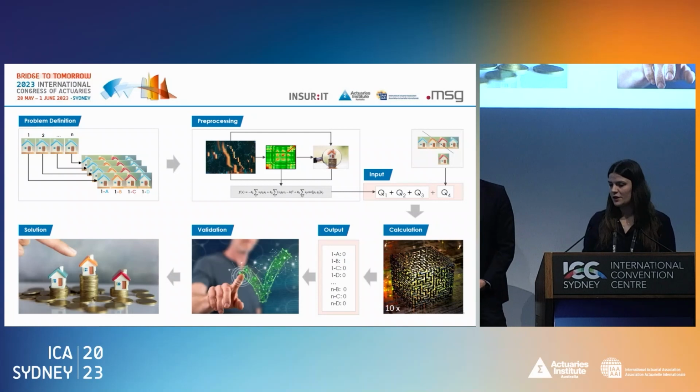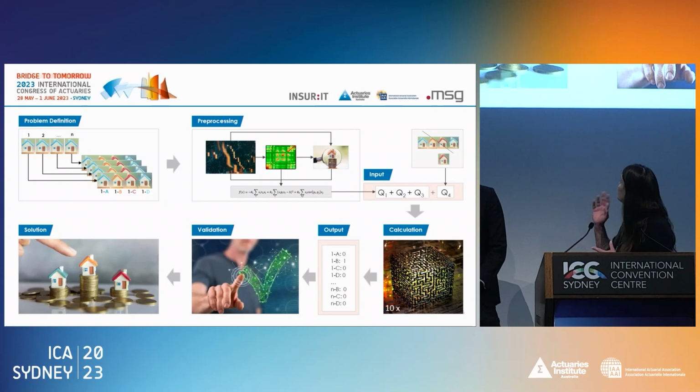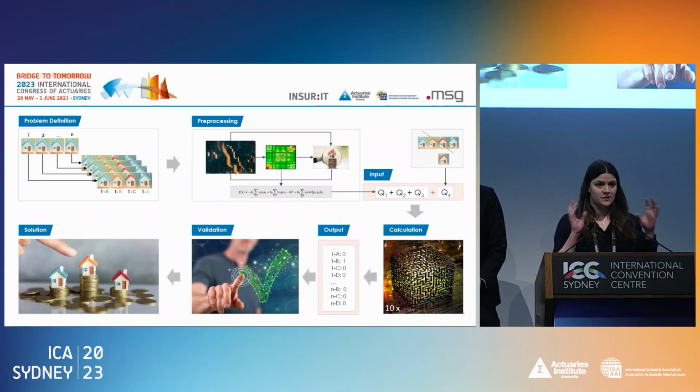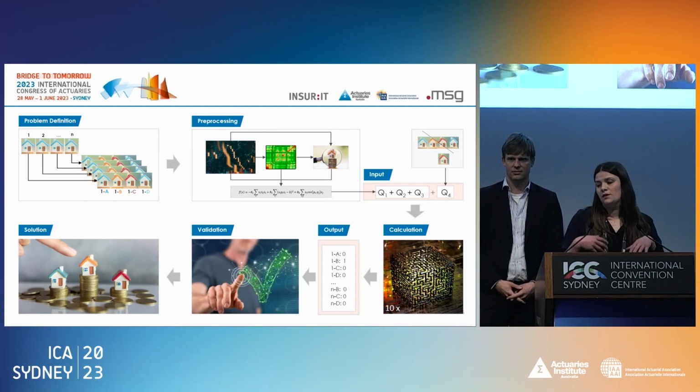So let's have a look at what we did to put the problem to the D-Wave and obtain a solution. Here we have an overview of all the steps we did. Starting on the top left, the problem to solve was defined. Then the problem was pre-processed.